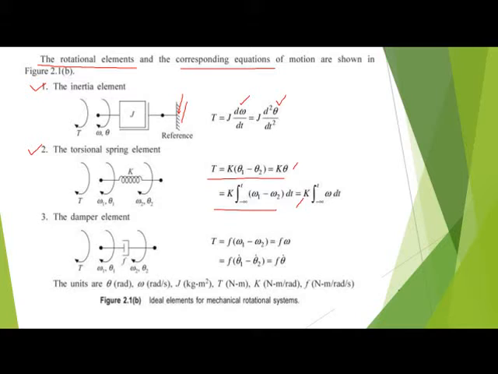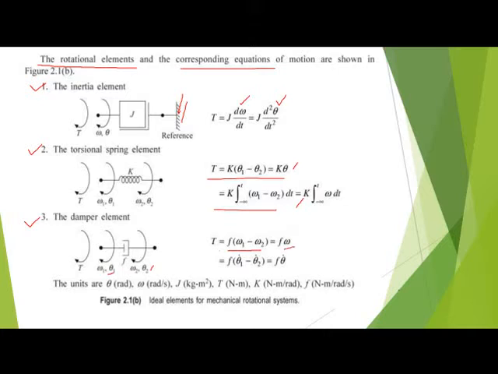F is the coefficient of friction, one end is clockwise with angular displacement theta 2, the other end is theta 1, and this is the external torque. Therefore the torque equals F times (omega 1 minus omega 2), or F into omega. Therefore torque is directly proportional to angular velocity.